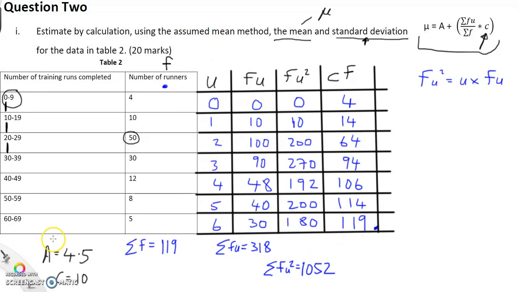We already worked out A, the midpoint of the first class, at 4.5, and our class width equals 10. So to calculate the mean, we use our formula up here.